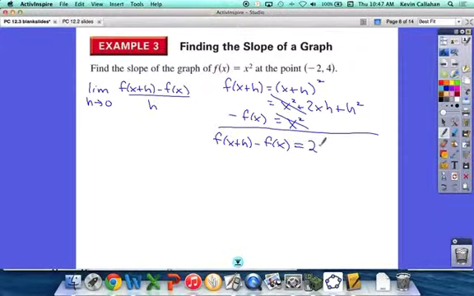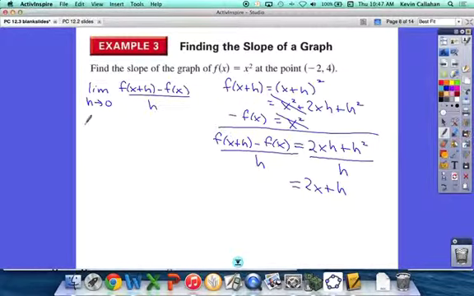And now what's left? 2xh plus h squared. Divide by h equals 2x plus h. So the limit as h approaches 0 of 2x plus h, you do direct substitution and you get 2x.